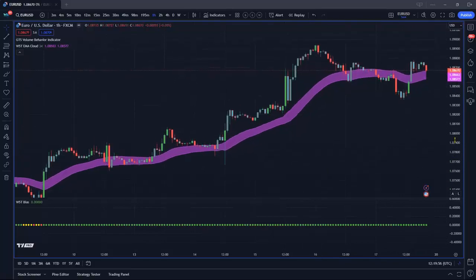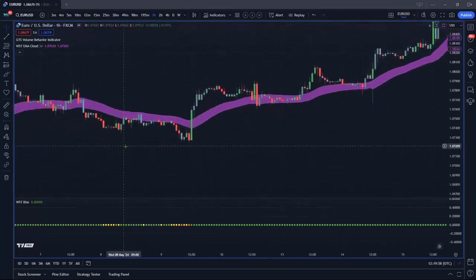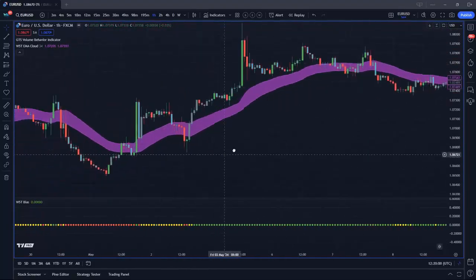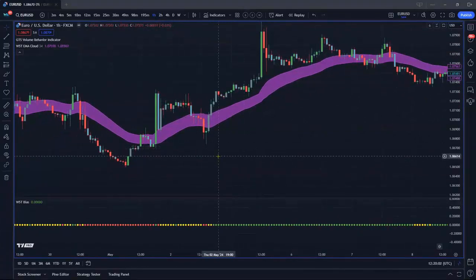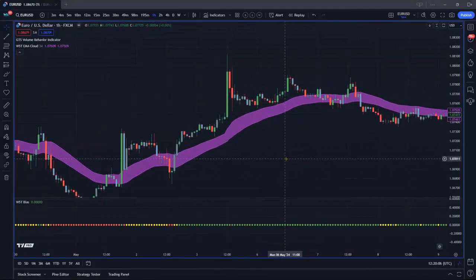So in essence, different coloured candles mean different things. In volume, we talk about accumulation and distribution. Accumulation has a lot more buyers than sellers, and it has more volume. So you see this big green candle here. This has more volume than the grey candle. That was an accumulation candle.